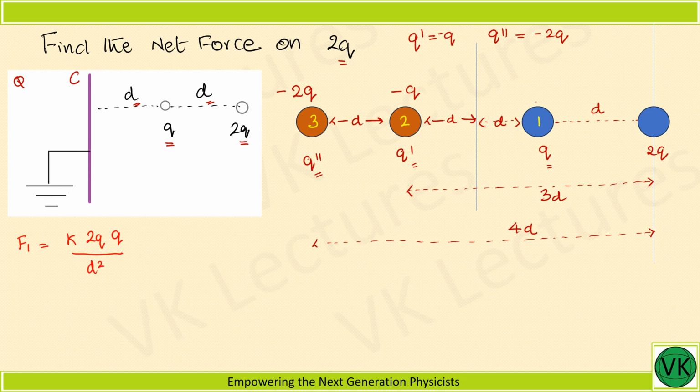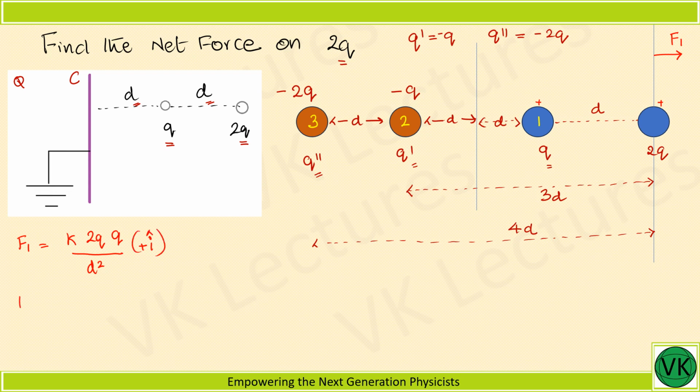This is a positive charge, this is also a positive charge as per the given question. So positive and positive, it repels, so this charge will exert a force in this direction. That means F1 is in the positive i direction, so we will write plus i.